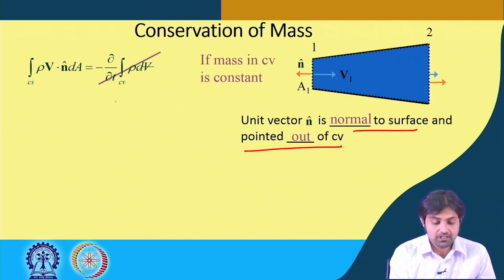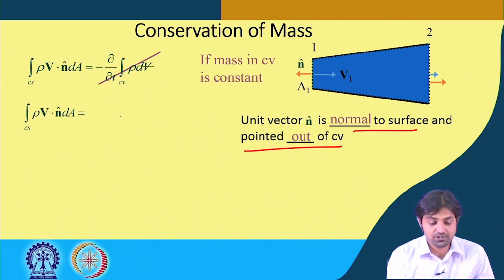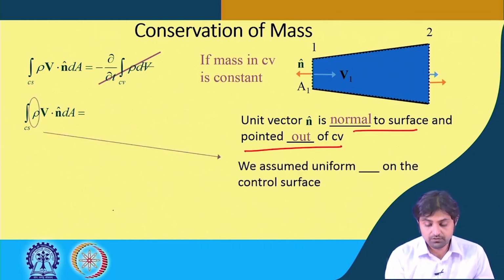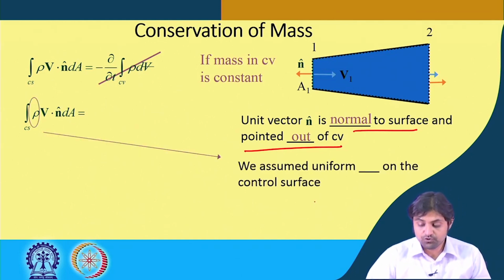So there is no rate of change of mass if we assume the mass in the control volume is constant. Then this gives the integral of rho V dot n dA, where we assumed uniform rho on the control surface, so rho can be taken out.